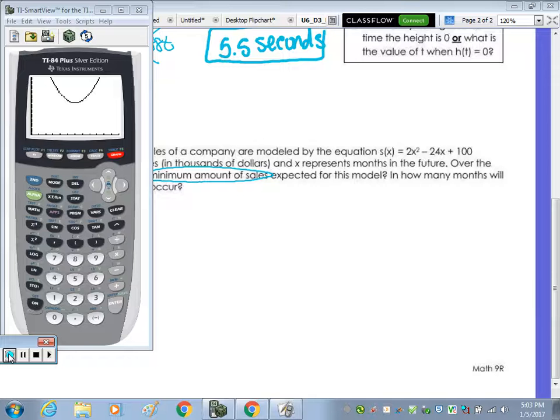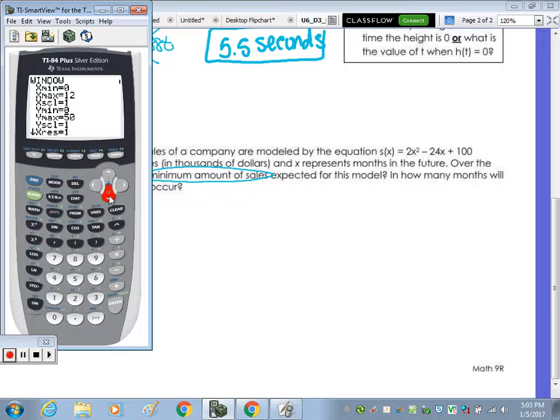I left the window at 12. You can see the axes, or the scale is counting over 12. But it said that S represents the sales in thousands. So when you go to the window, I didn't want to put in 50,000. I just wanted to put in, so I left the X as 12 for the months. But I just wanted to leave the Y max as 50 because it was in terms of thousands of dollars.